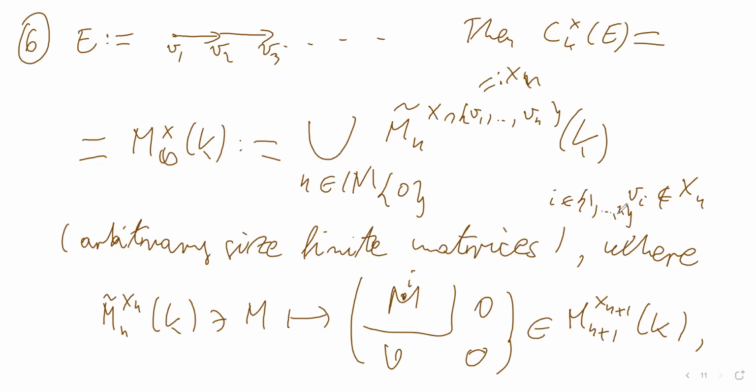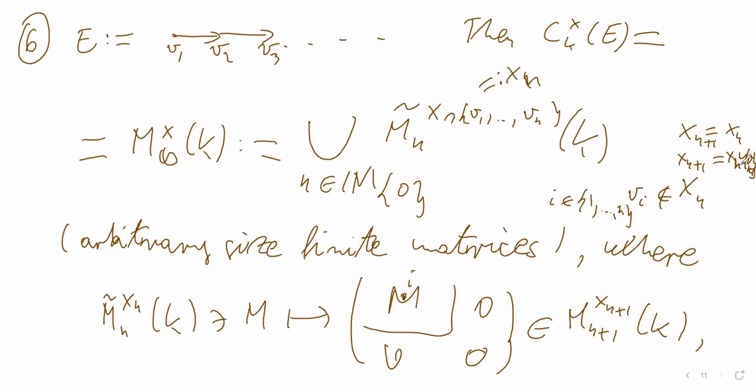Because the only thing that can happen is, if I take xn plus 1, it is either equal just to xn, in which case it's true, or, there are two cases, xn plus 1 is equal to xn union Vn plus 1.